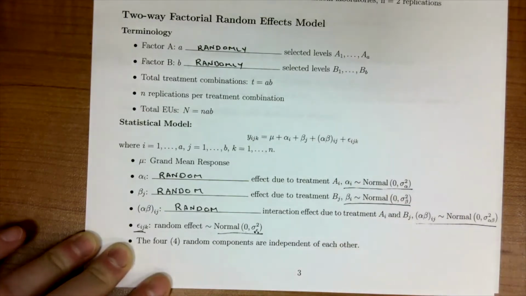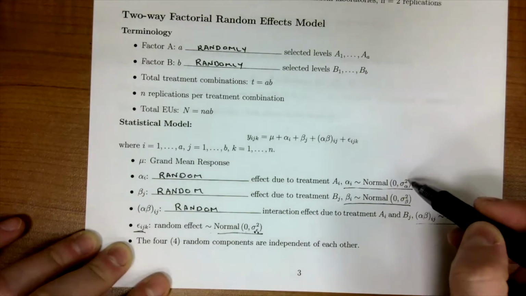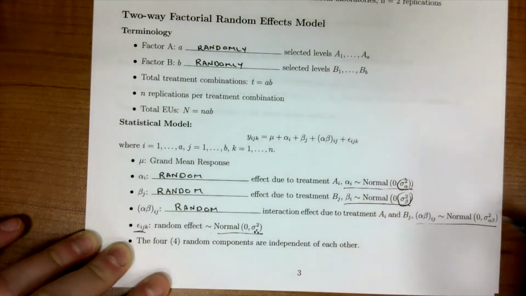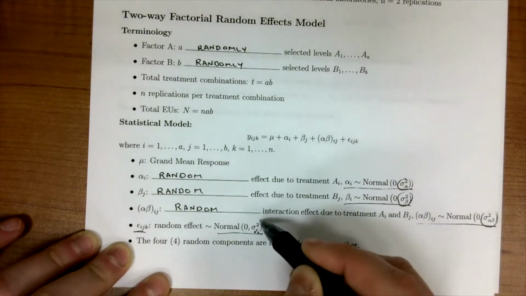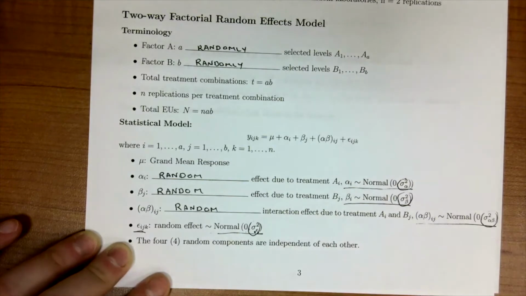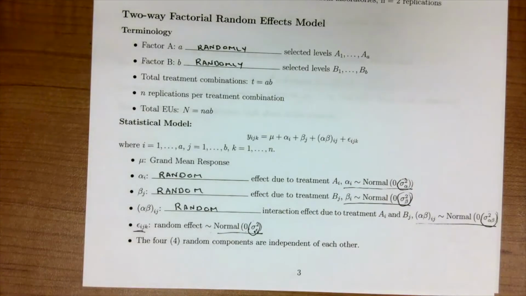Okay, and so we now have to estimate these variances as well as this one. The idea of having multiple variance components should hopefully look familiar because we did talk about multiple variance components in our subsampling lesson prior to our midterm.